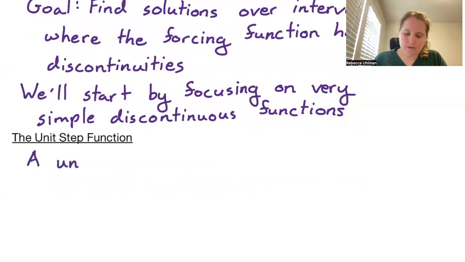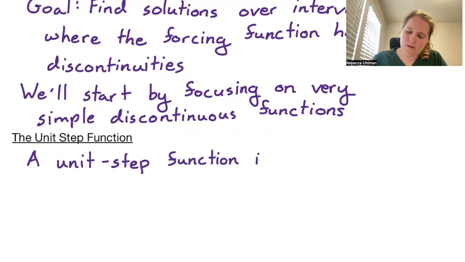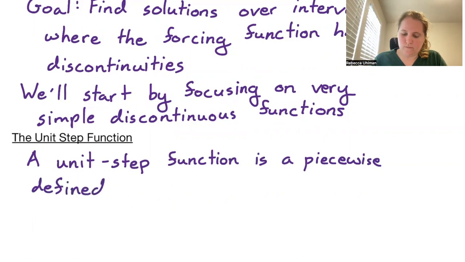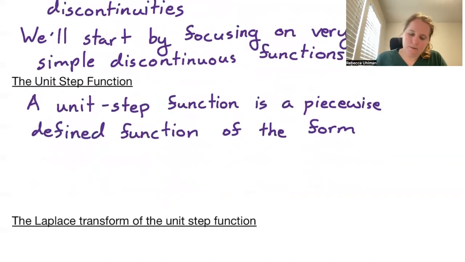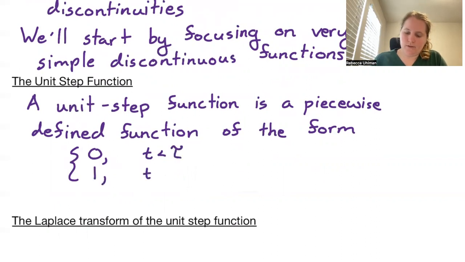So a unit step function is a piecewise defined function of the form where 0 for t less than tau, and then 1 for t greater than or equal to tau.